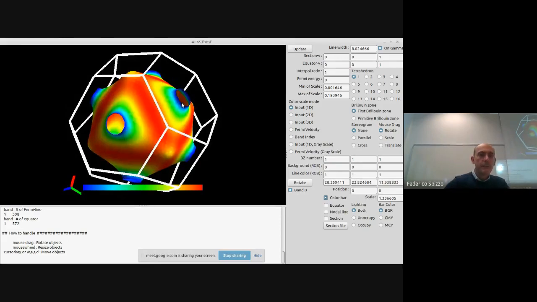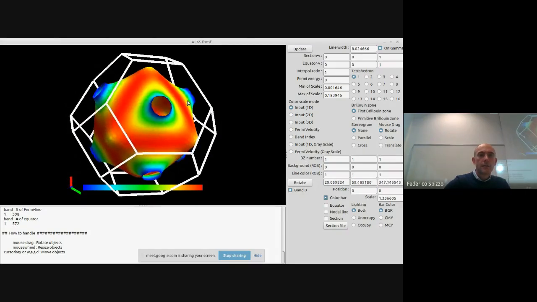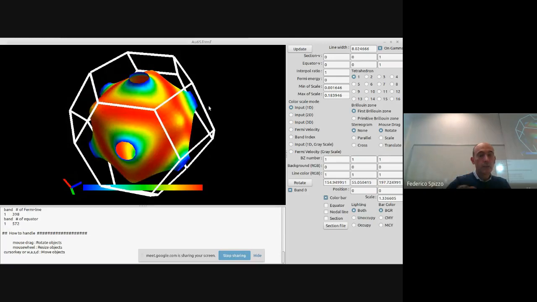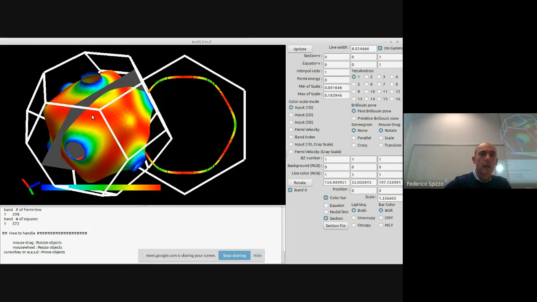So here you have many necks, and you have one neck each time the surface is close to one of those hexagonal sides of the first Brillouin zone. So the appearance of the neck is due to the distortion of the Fermi surface that is due to the interaction between the surface and the Bragg plane.